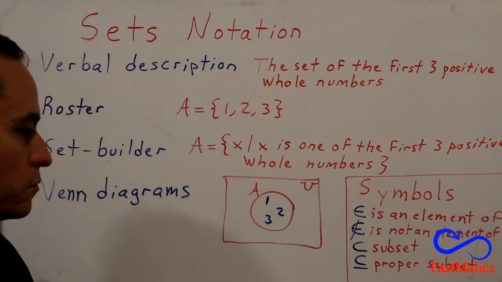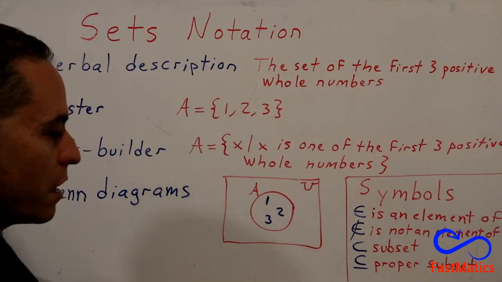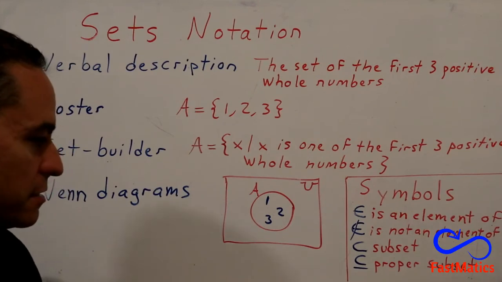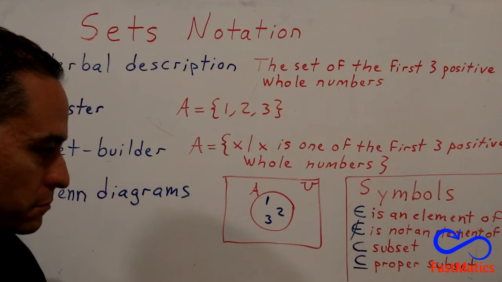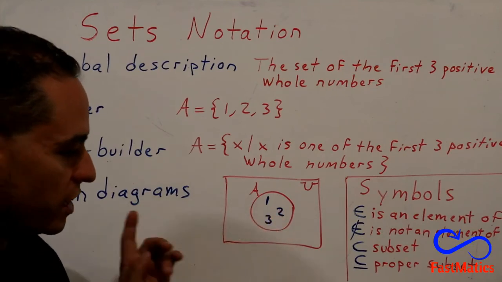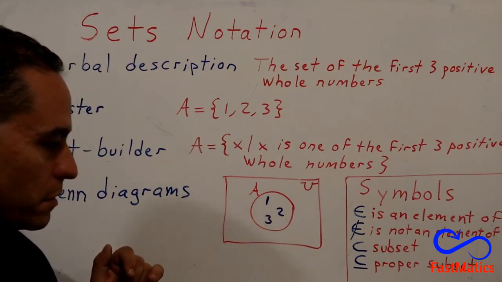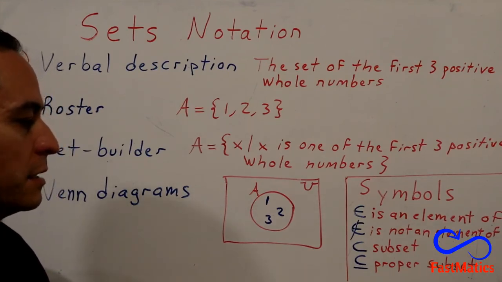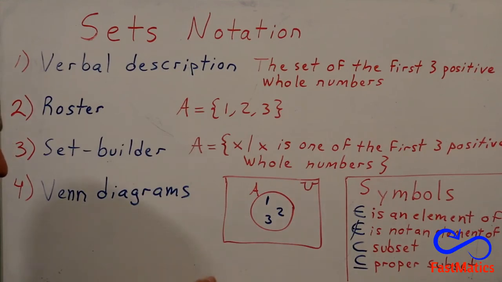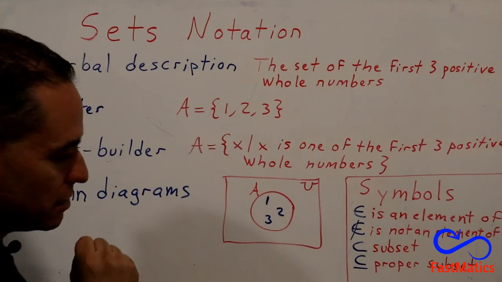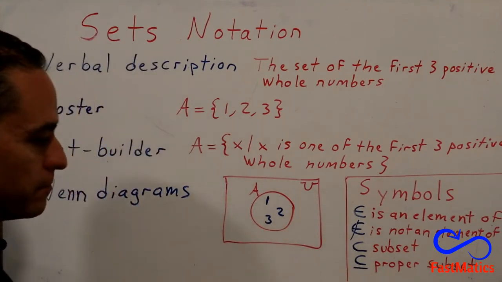So 1 and 2 are a proper subset of A. But 1, 2, 3 are elements of a subset of A. That means if you list not all the elements of a set, you're going to say proper subset.